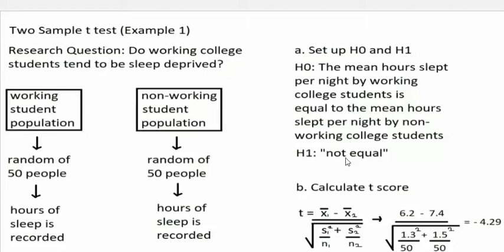H1, the alternative hypothesis, is the possibility that the population means are not equal. They're not the same number. So remember, H0, null hypothesis; H1, alternative hypothesis. In a two-sample t-test, H0, the null, says that the population means are equal. H1, the alternative, says that the population means are not equal.